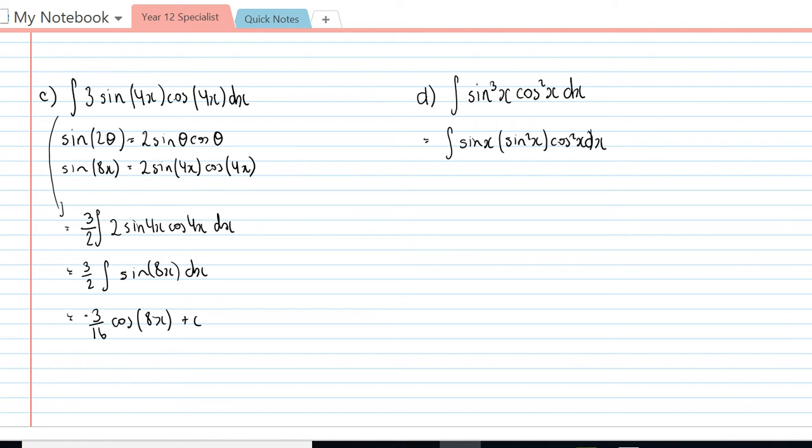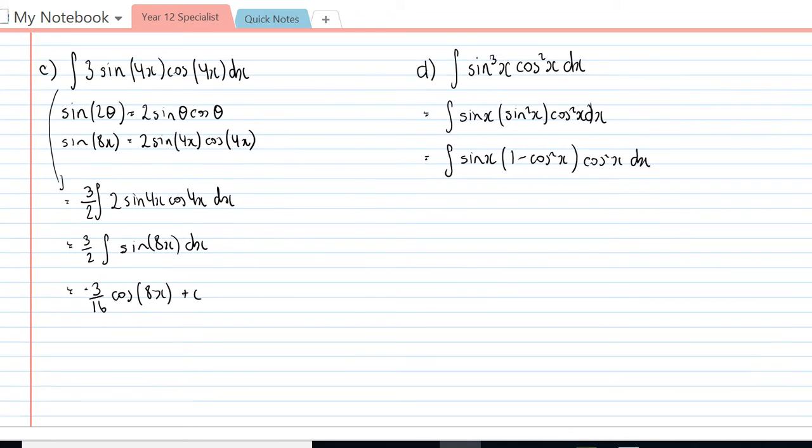So write as the integral of sine x, and then sine squared x can be written as 1 minus cos squared x from the Pythagorean identity, and I've still got another cos squared x dx.